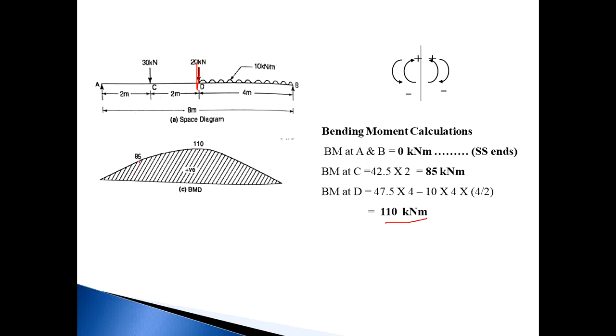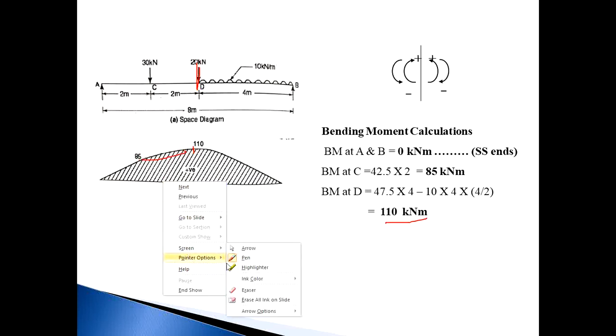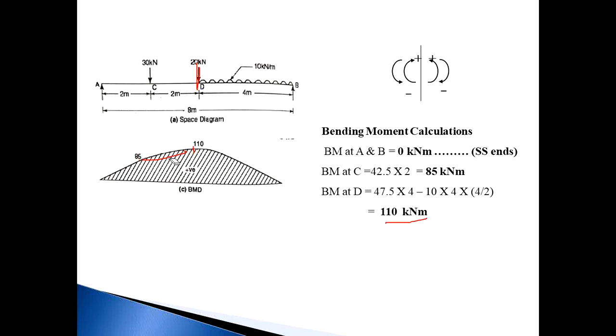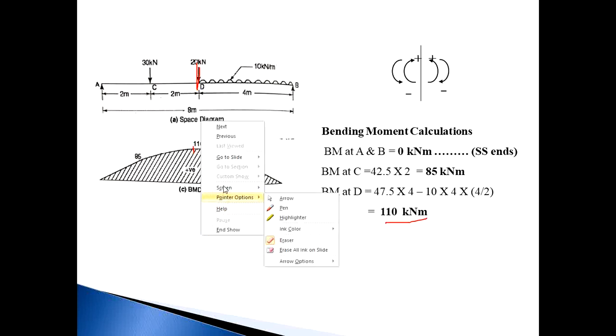So once again you draw a straight line up to this point D. Means AC is a straight line, CD is also a straight line.